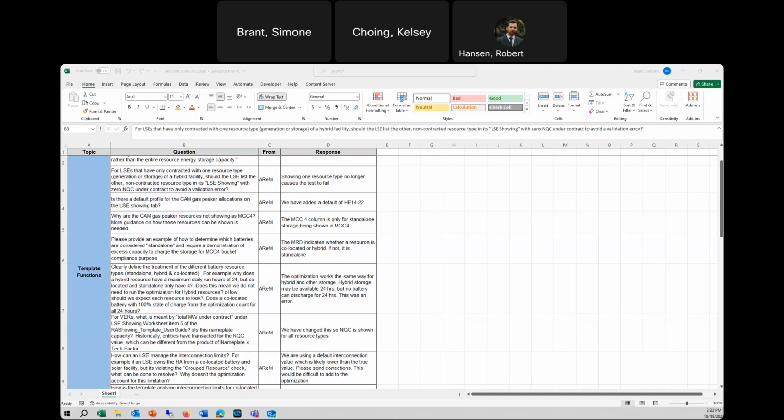If you go to the resource NQC tab, looking at Lancaster 6 Solar 2, for the battery it's 5.25, but for September, for the solar side of it, it's 0.1.